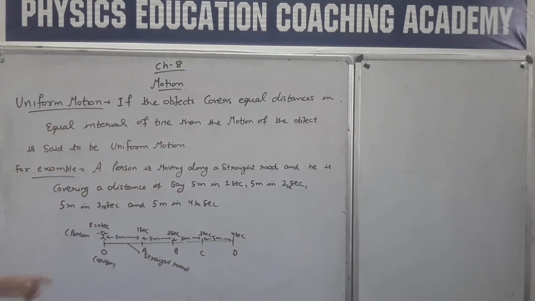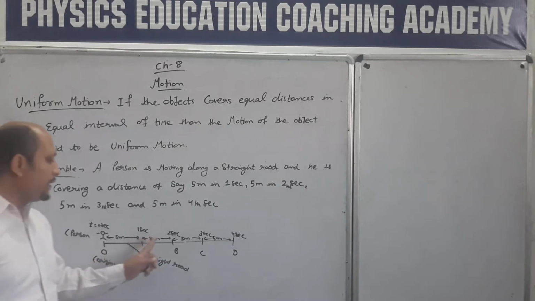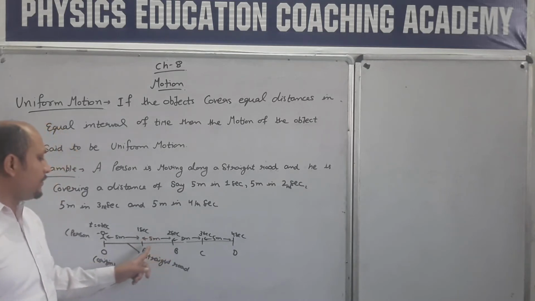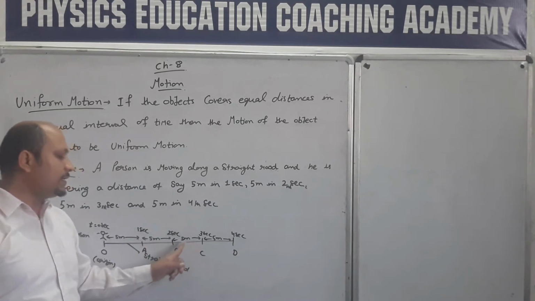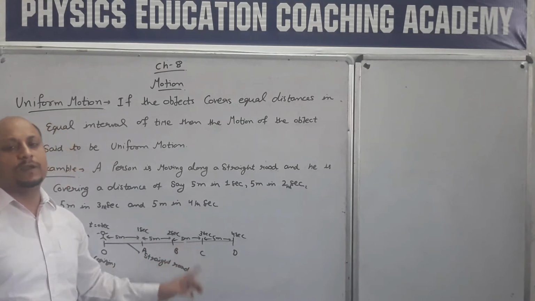So students, एक पर्सन जो O पॉइंट पे था, पहले सेकंड में उसने 5 मीटर का डिस्टेंस ट्रेवल किया. In next 1 second, he is covering the same distance 5 meter. In next 1 second, he is again covering the distance 5 meter.